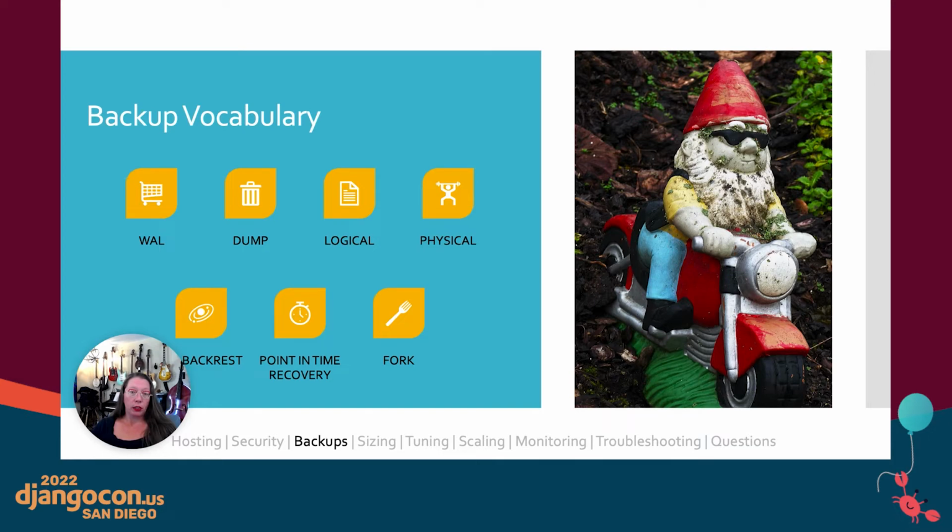And that is because they can use that WAL. They can replay the database to any point in time. And then you can take that database point in time, and that's called a fork. So you can create a standalone database at any point in time in the backup, either as a restore or some kind of disaster recovery machine, or a lot of people use them for development and staging environments.